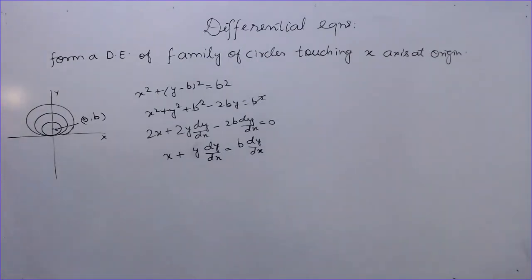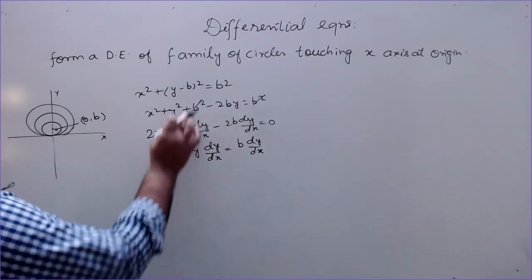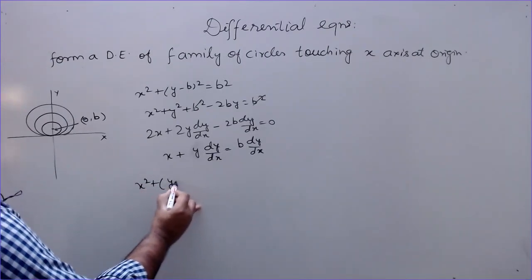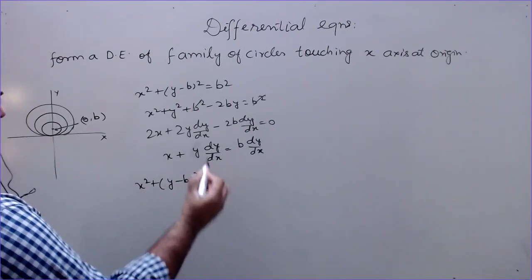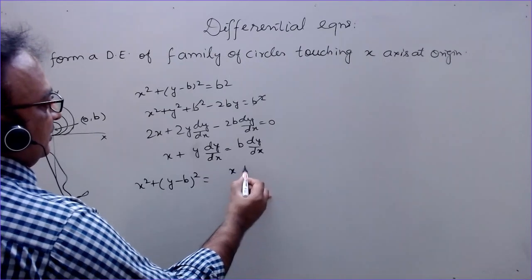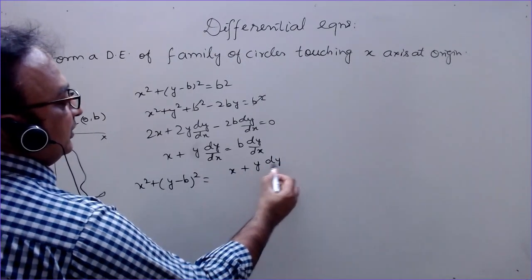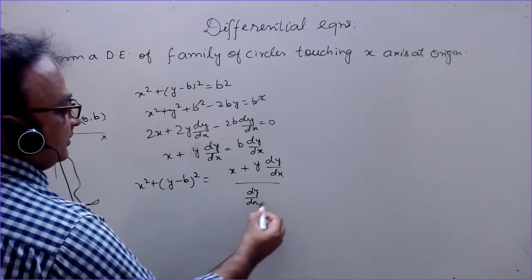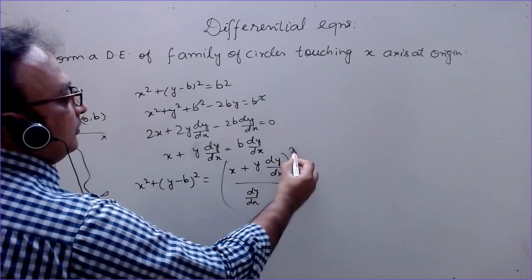Now we can solve this equation by substituting the value of b from this equation in the initial equation. So the value of b from here can be substituted in this equation. b is x plus y dy by dx upon dy by dx.